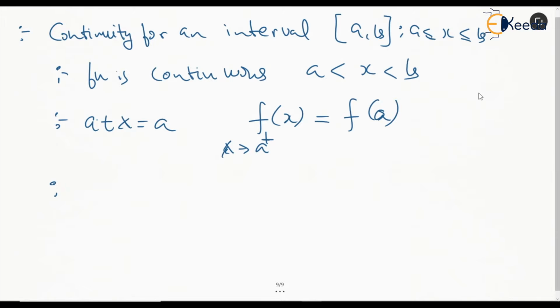And for the upper limit, we'll be checking the left hand limit. So f of x for x tends to b minus, and the function value f of b. So if these three conditions are satisfied, we can say that the function is continuous on this interval.